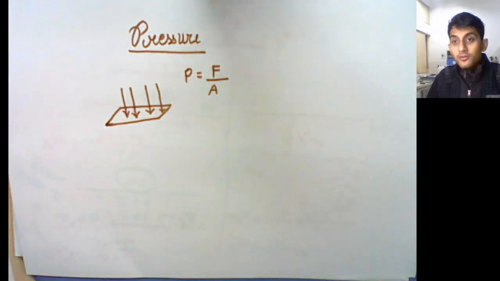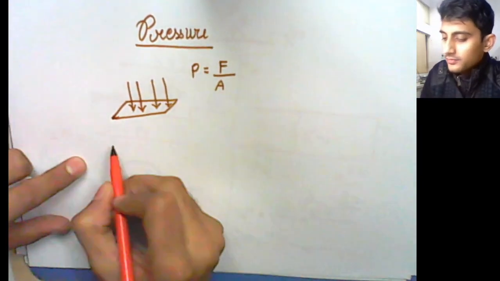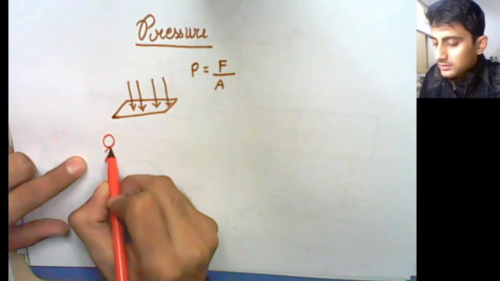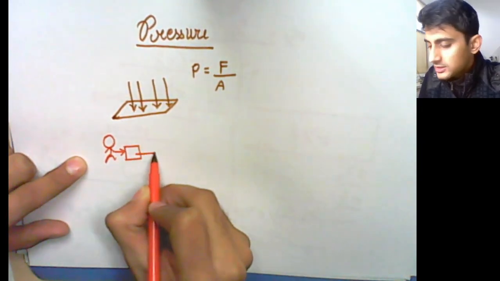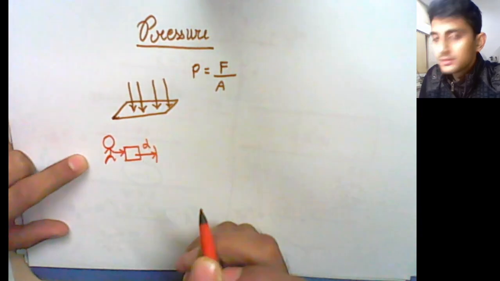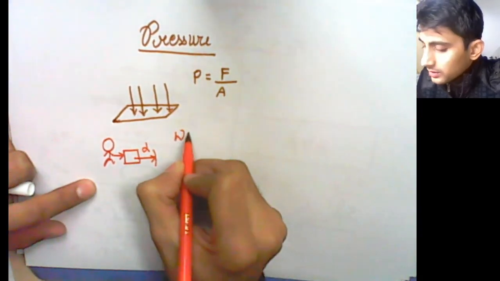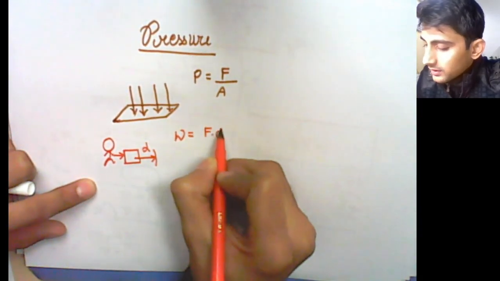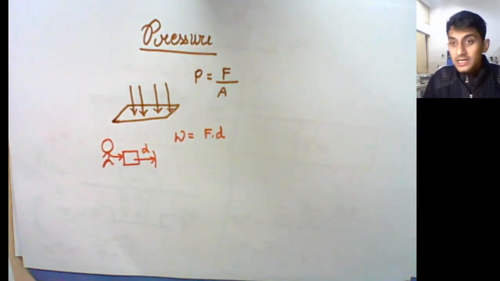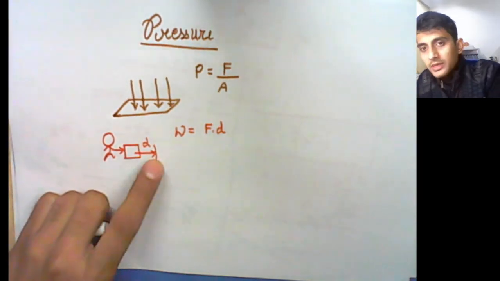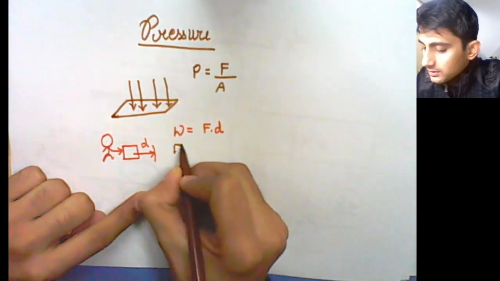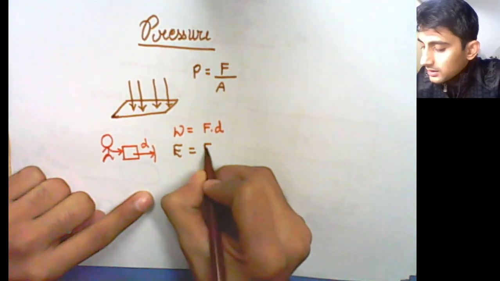Okay. What is work done? Work done is, for example, I am putting a force on this block and this block moves by a distance d. So work done W is given by F dot D. And if somebody asks me how much energy I have spent in moving this block from here to here, that energy E is given by F dot D also.